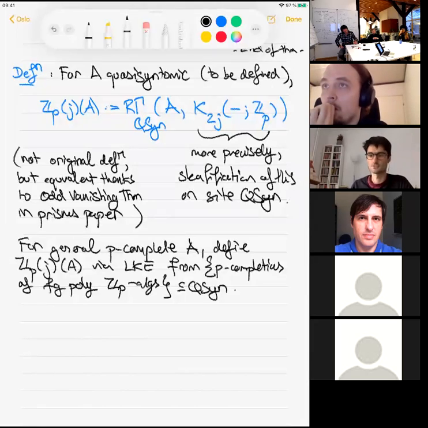And one of course needs to check, for example, that the two definitions are compatible: if you try to evaluate the value of the cohomology in two fashions, either by using the first definition or by using the left Kan extension definition, you need to check these are compatible. But this is maybe less important, and I don't think I'll have much time anyway to discuss this extension to general rings.